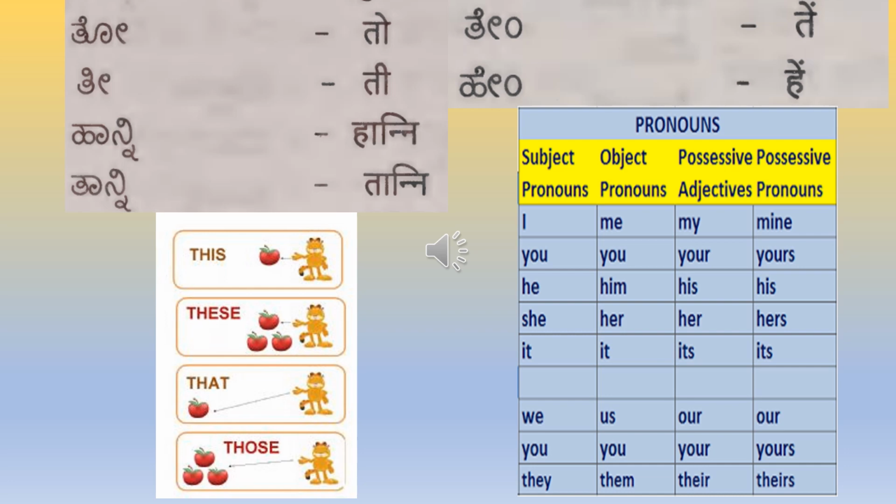So this hai, that te, these honey, those tanni. So I repeat, to he, te it, ti she, and then depending on proximity, this, that, this, hai, that is te, these, honey, those, tanni.